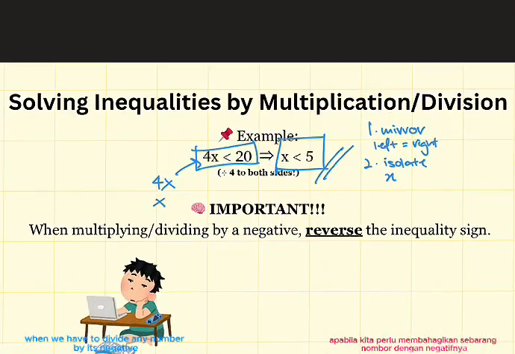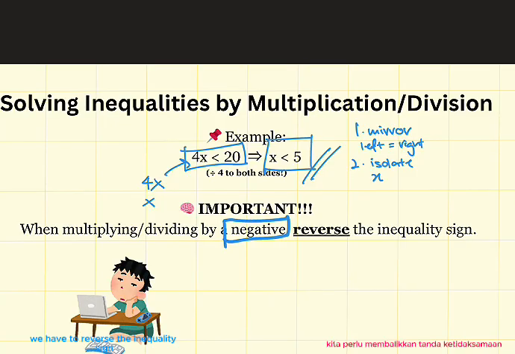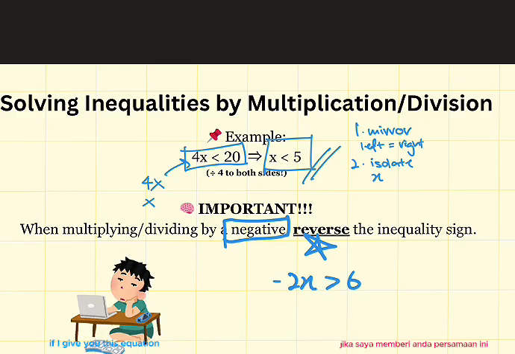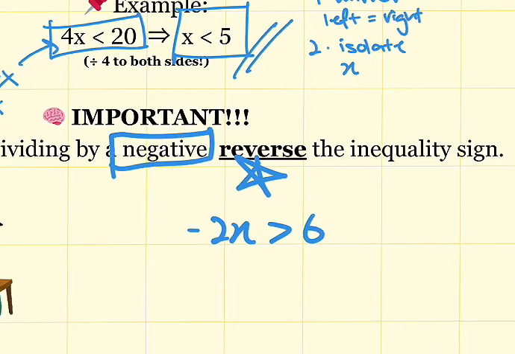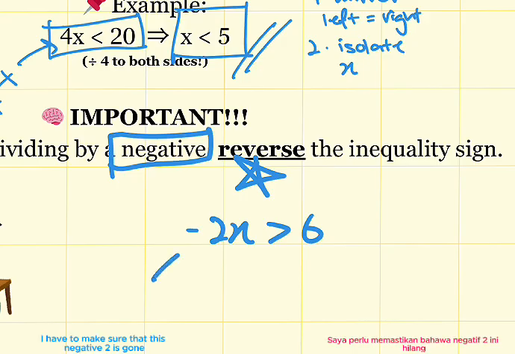When we have to divide by a negative number, we have to reverse the inequality sign. For example, if I give you this equation, I have to isolate the x, remember? And if I have to isolate the x, I have to make sure that this negative 2 is gone.